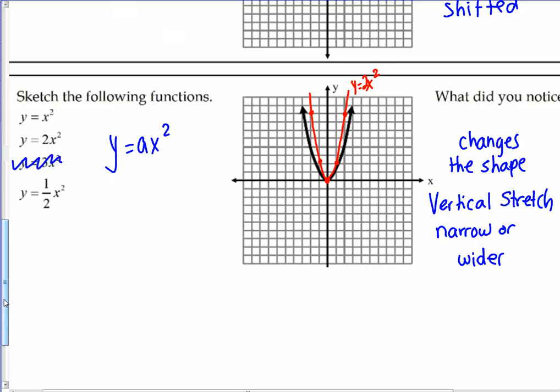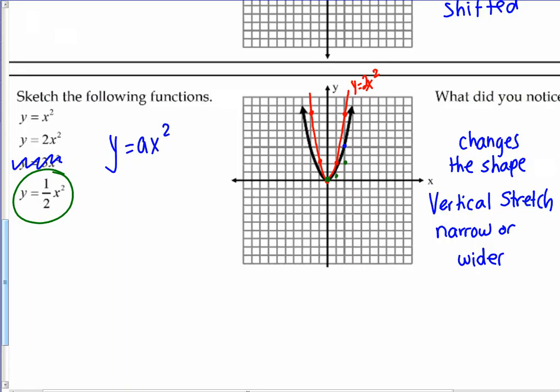Okay. So what do you think y equals 1/2 x squared is going to do to our y values? Half them. So a 1 becomes 0.5. Half of 0 is still 0. The vertex doesn't change. Where it was 4 before, it is now going to become 2.